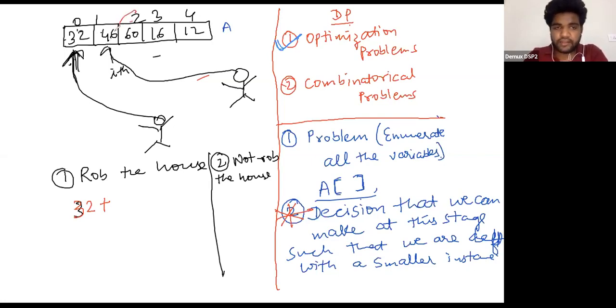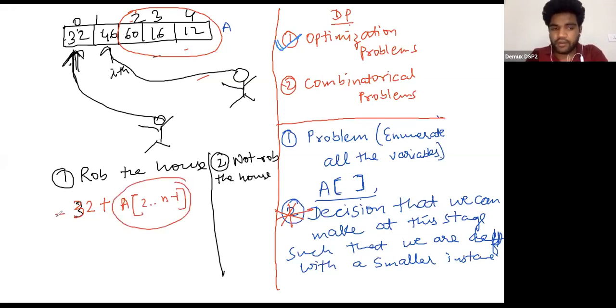He is now left with this portion of the street that he has to rob, correct? So he is left with now array 2 to n minus 1. So whatever money he can get from this plus 32 will be the total amount of money that he can make if he goes ahead with the idea of robbing the house, right? Is this clear to everyone, the first part?